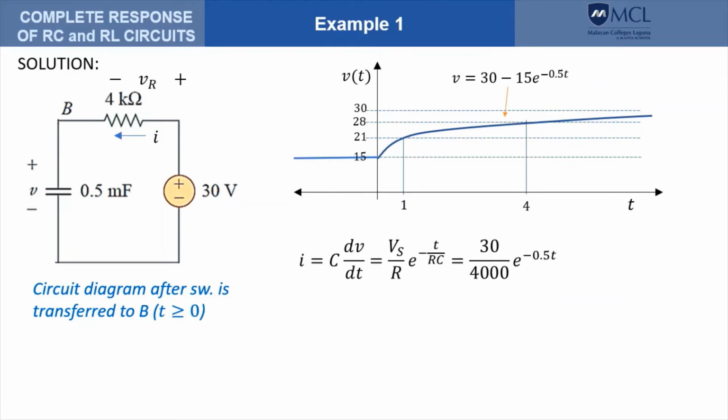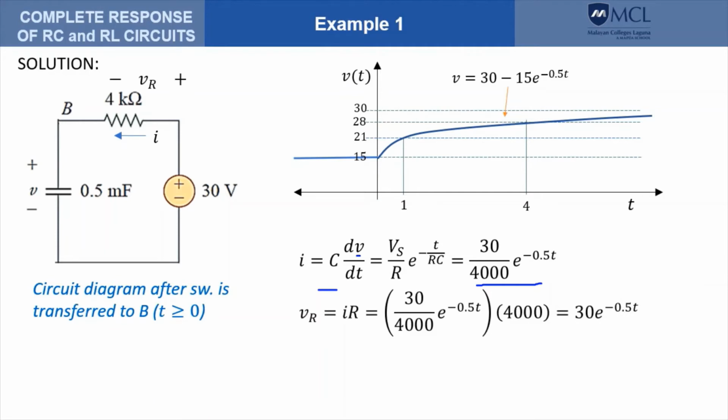Given the equation for the voltage of the capacitor, we can also find the current through that capacitor, which is also our current through the circuit. Take note that the current is drawn as coming out from the positive terminal of the source. So we can use this relationship, and since we already know V, we can get the derivative, and that should give us a current that is like this.